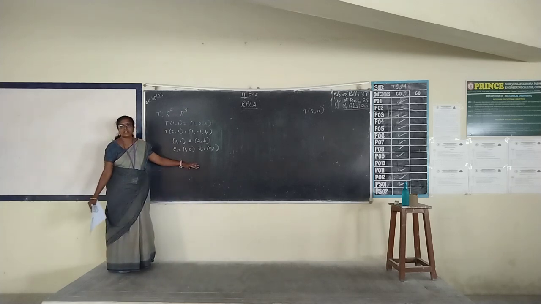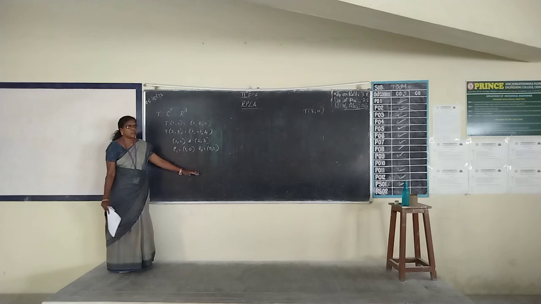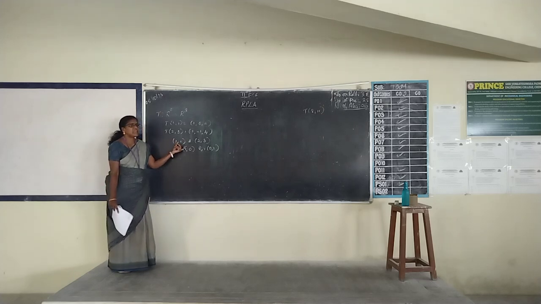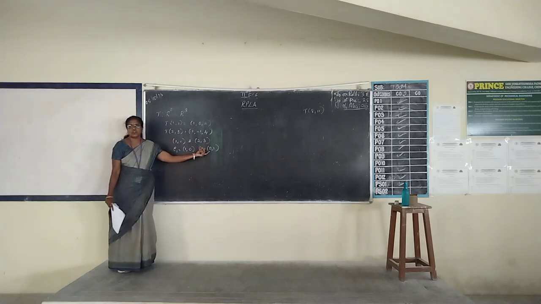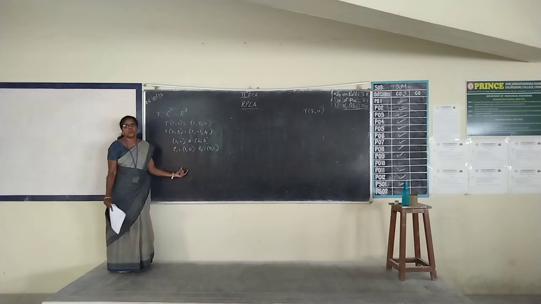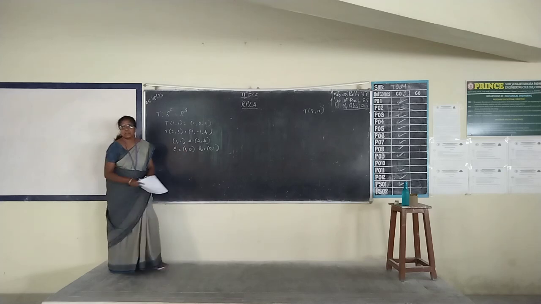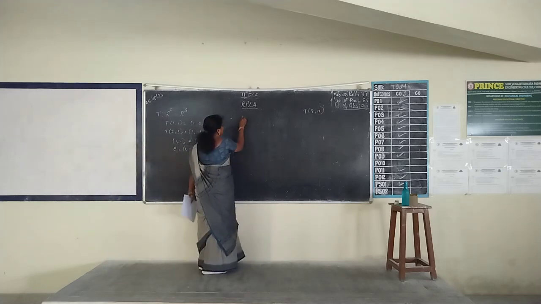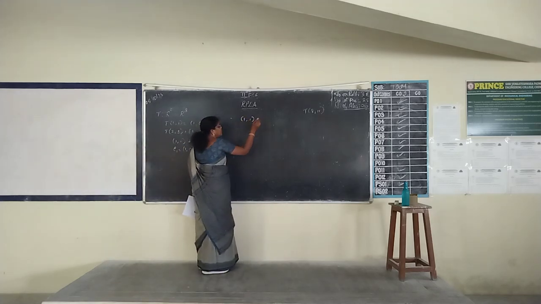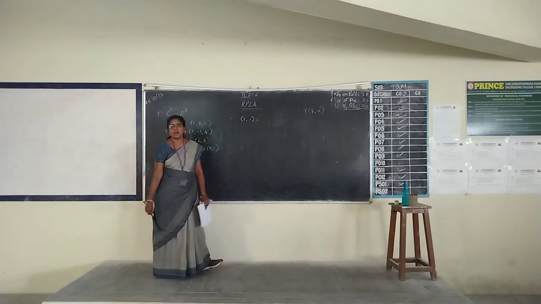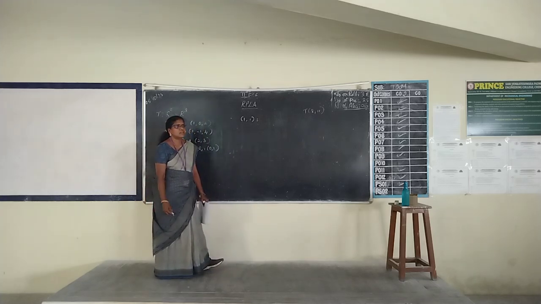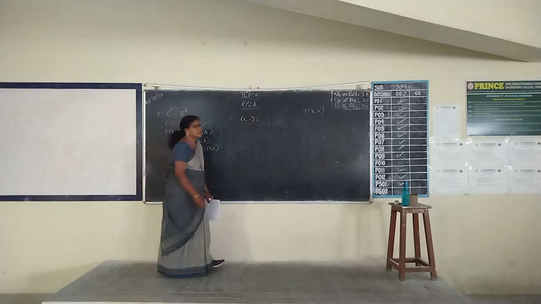Any doubt in this step? So the next step is to rewrite the given vectors. You are given two vectors, no? Rewrite them in terms of e1 and e2. How can you rewrite the given vector (1, 1) in terms of e1, e2? How will you write it?